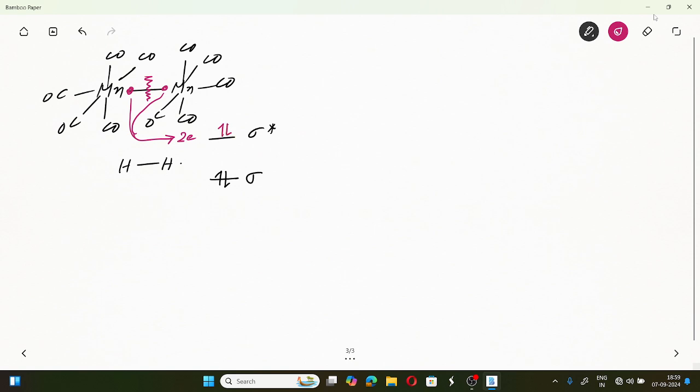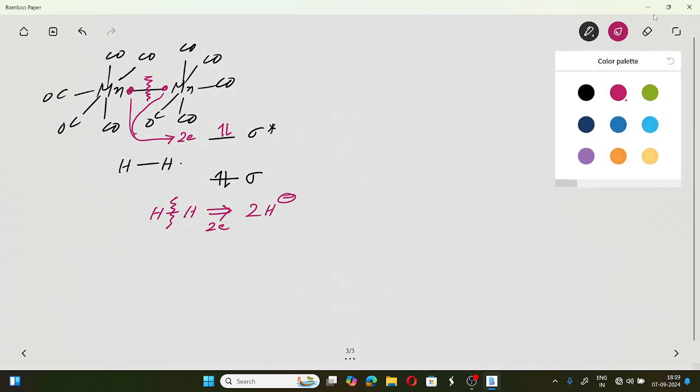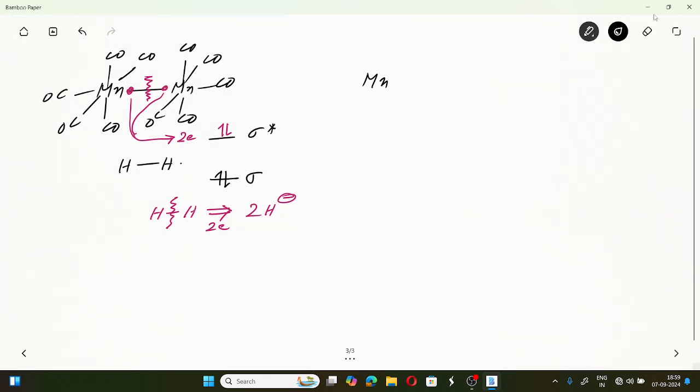When this happens, the H-H bond breaks because the bond order becomes 0, and in the presence of 2 extra electrons, it is converted to two hydride ions, and this hydride ion gets linked to each of the manganese centers.